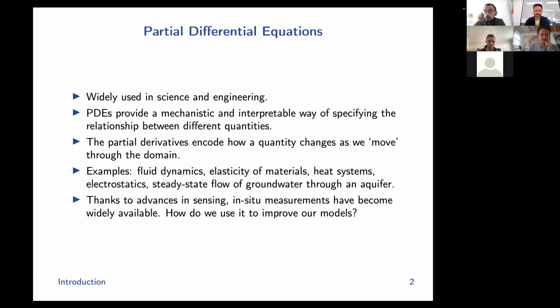The go-to example that everyone uses is the Poisson equation to model the steady-state flow of groundwater through an aquifer. PDEs have been around for a while, but what has changed recently is the amount of data we have. And the question is, what do we do with it?